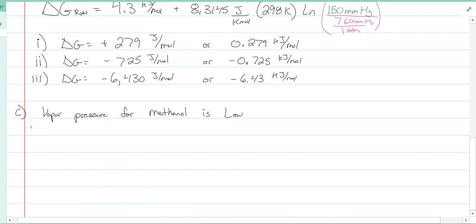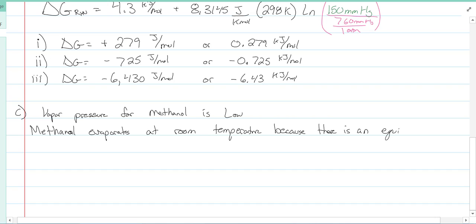So methanol evaporates at room temperature because there is an equilibrium between the liquid and the gas phases.